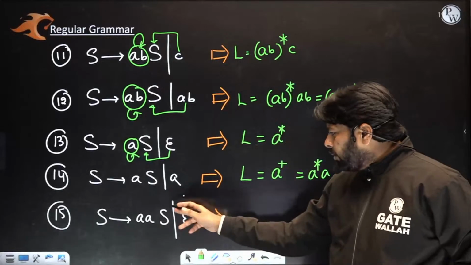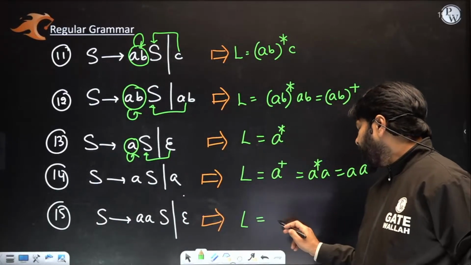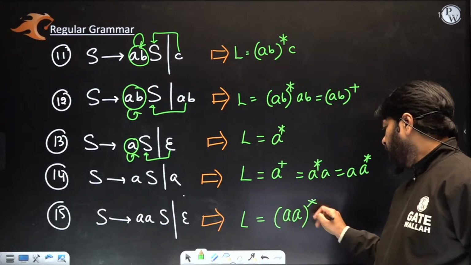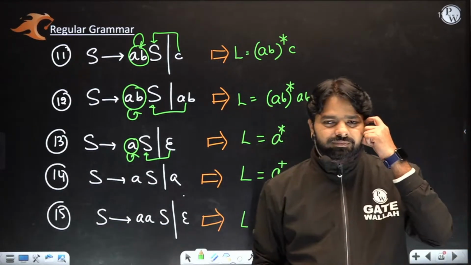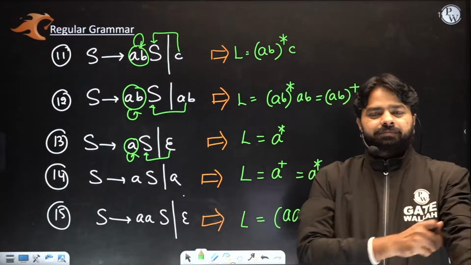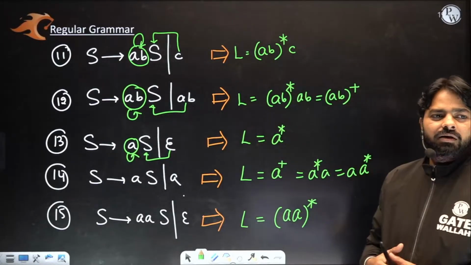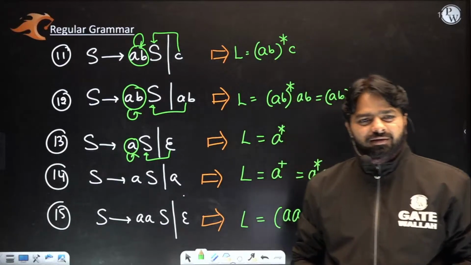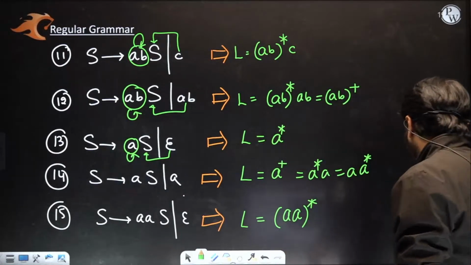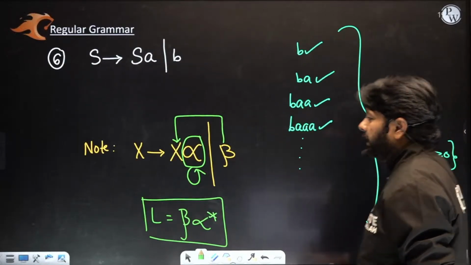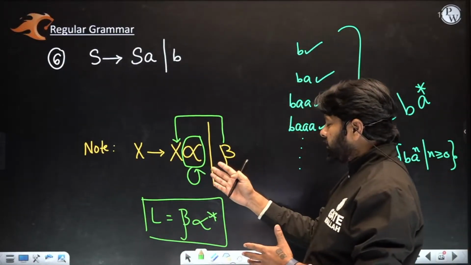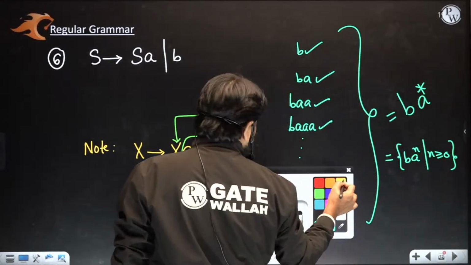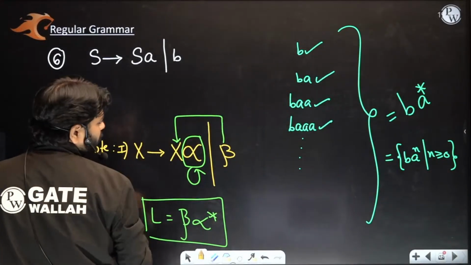Next, A A all star. Done. So this is a very interesting notation. If you see the previous one that I wrote, alpha is on the right side, alpha star right here. So I'll keep another note here, a similar one. Let's say this is note 1. What is note 2?